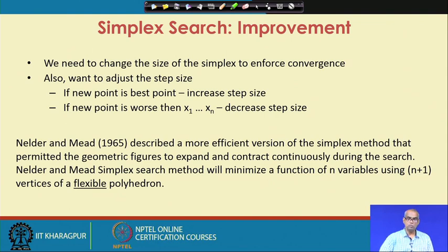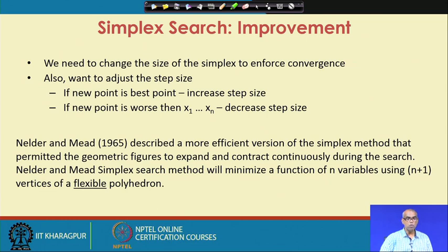Now, for improvement, we would also want to adjust the step size. That means, when you reflect, I can go further along the direction through the centroid line if the new point is the best point when I compare all the points.